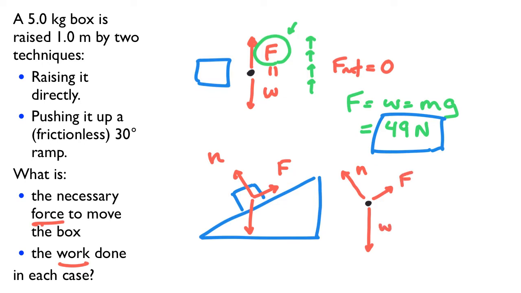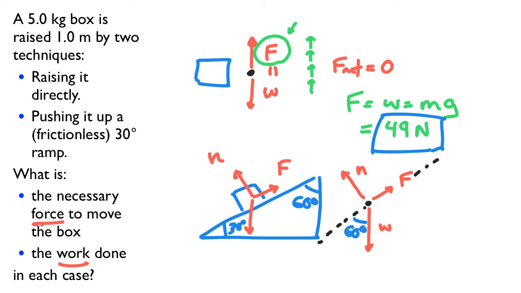Well, as we do in these cases, we're going to take an x-axis that points along the ramp. So that's my x-axis. And if this angle right here is a 30-degree angle, and we're told that it is, then this angle up here is a 60-degree angle. And so this angle right here is going to be 60 degrees.